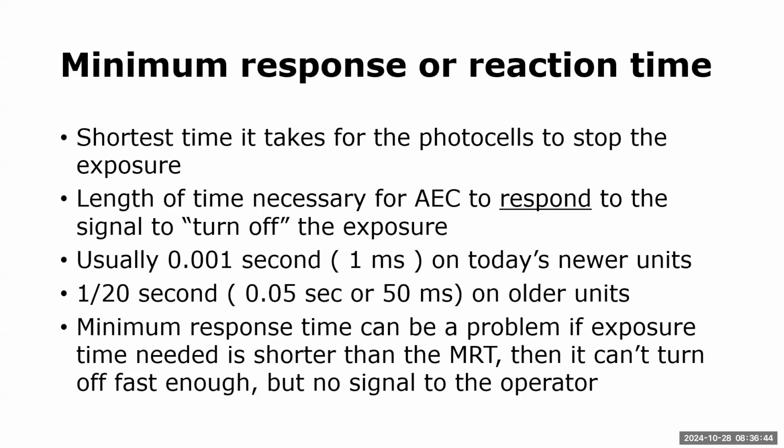Do you see how that's a problem? It really needed to cut off at 20 milliseconds, but it can't, because it can't get its hand up there fast enough to keep the ball from hitting them in the face. All right, it has to go to 50 milliseconds before it can cut off.